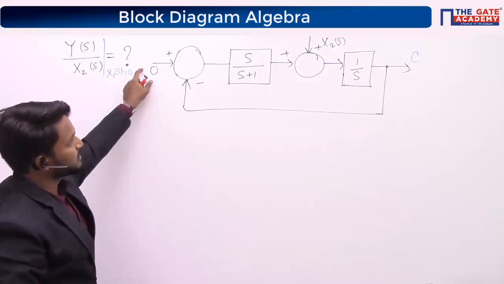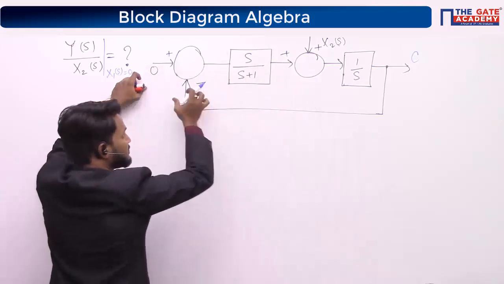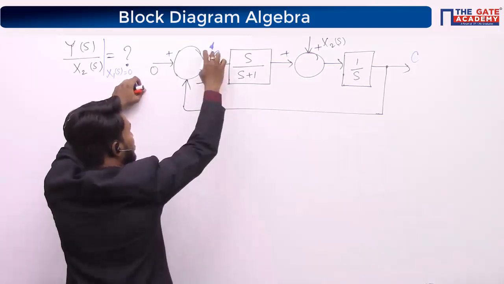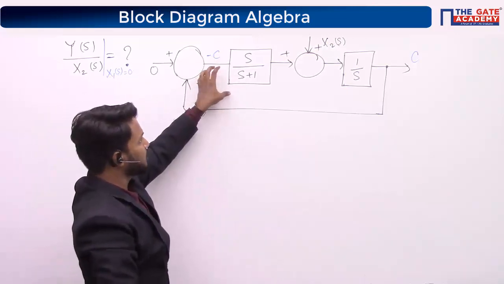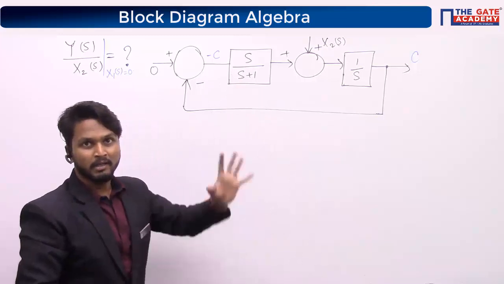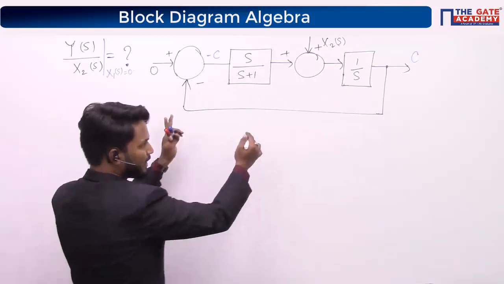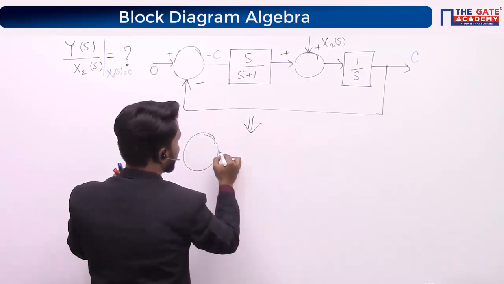If X1(s) is 0, then what is the error? It is minus C. You are getting minus C here, and minus C is getting multiplied with s by s plus 1. So you can rearrange and rewrite this block diagram in this form.